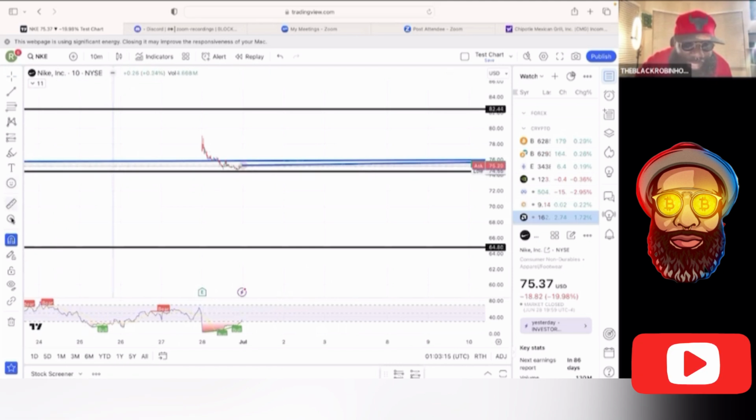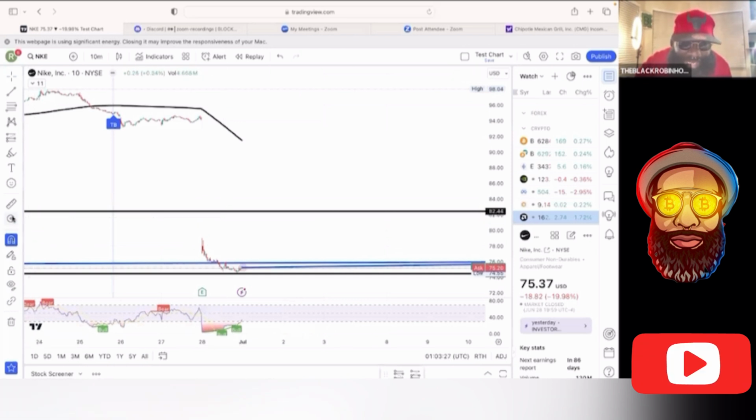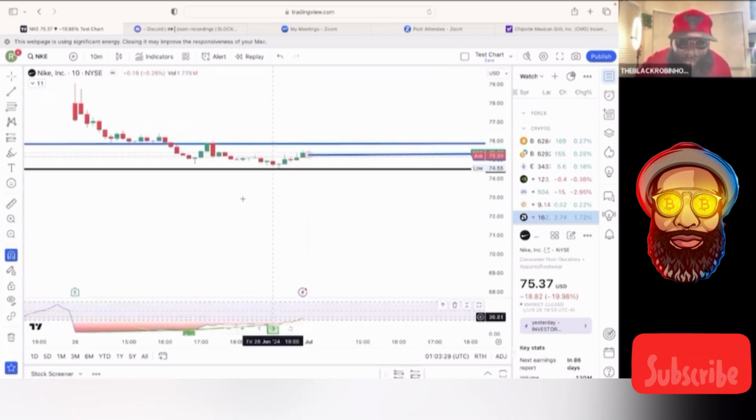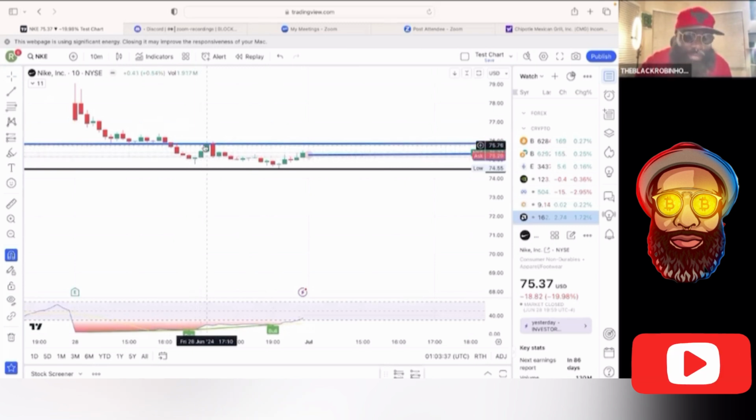Detail. So on the 10 minute chart, if we were trading this time frame, we could have made money on Nike. You could have bought here when it came down to 75, 75, 75.